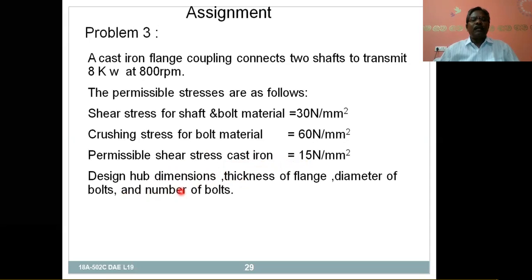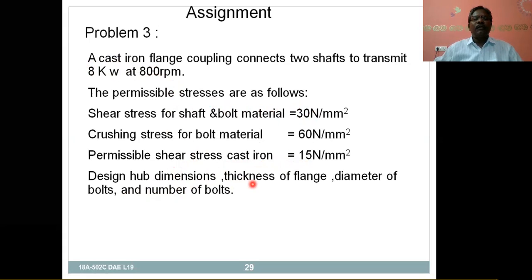With this formula you get the torque value, and with the shear stress value you can calculate the shaft diameter. Then the hub dimensions can be calculated.